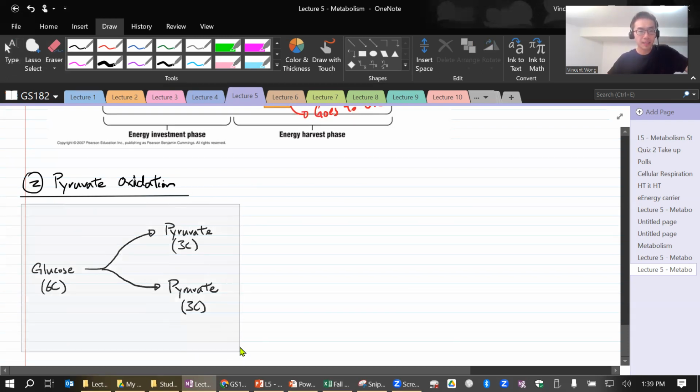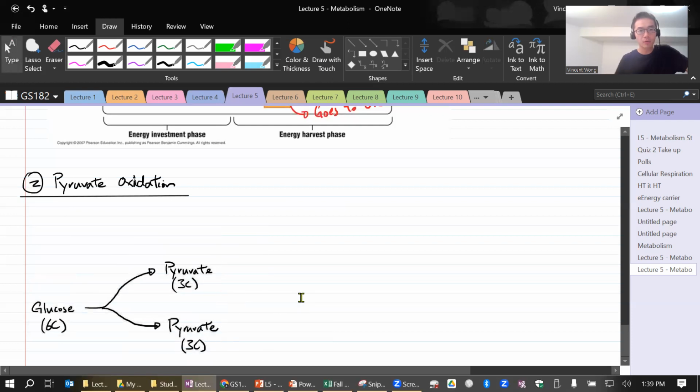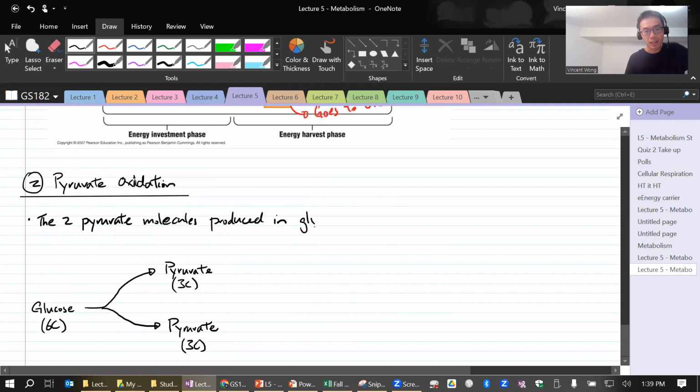Can somebody tell me where these pyruvate will go? I'll write down here: the 2 pyruvate molecules produced in glycolysis move to where in the cell? What did we say earlier? We drew a picture.